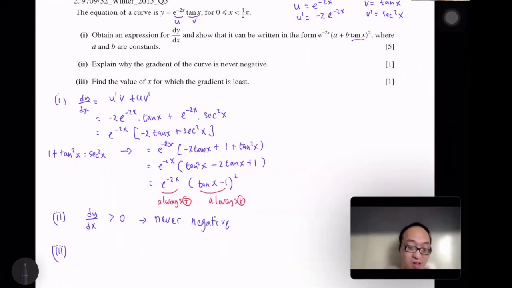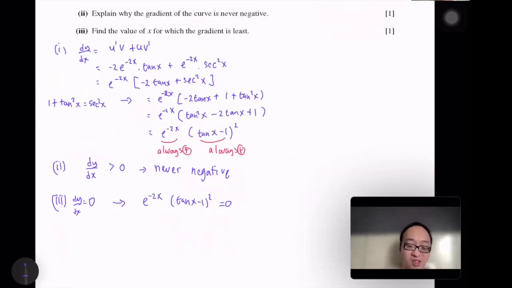Now, as we know that dy/dx is never negative, that means the least value dy/dx can achieve is 0. When dy/dx equals 0, e to the negative 2x times tangent x minus 1 squared equals 0.